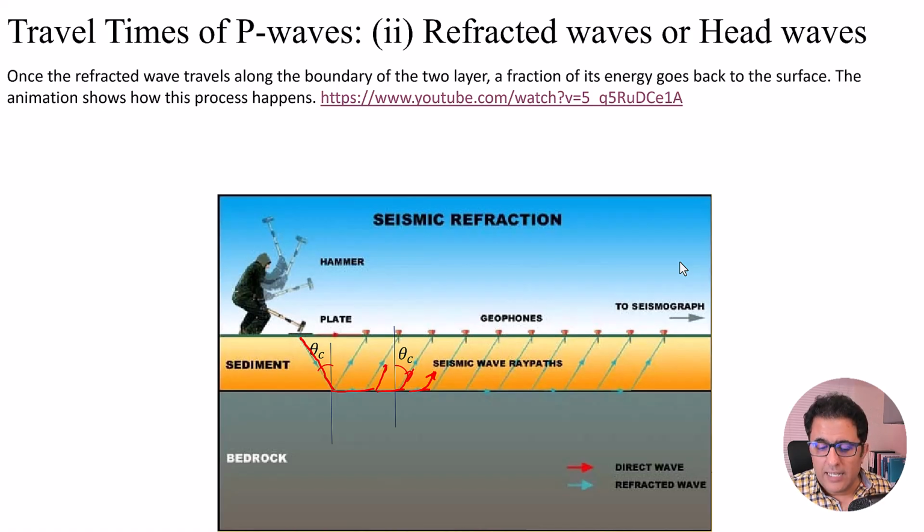At near offsets, direct waves get to geophones first because their travel path is shorter. But at farther offsets, it is refracted waves that get to geophones first because although they pass a longer route, they pass that route with higher speed or velocity.